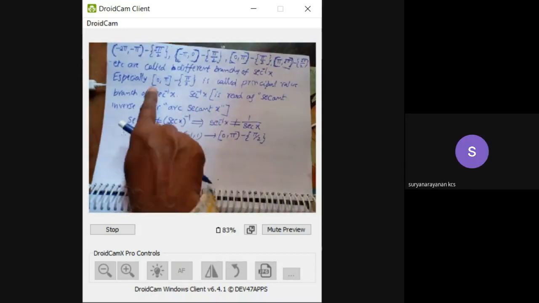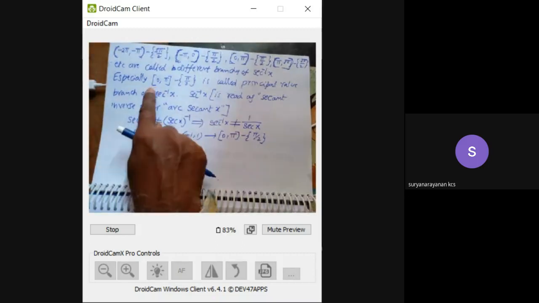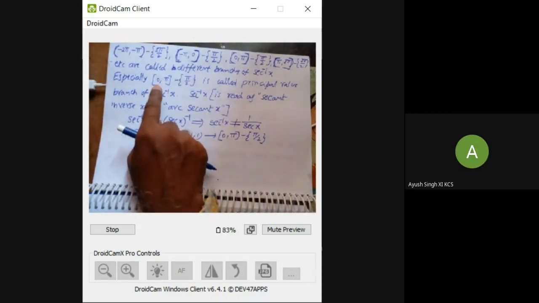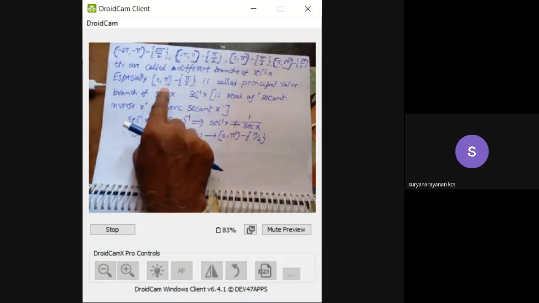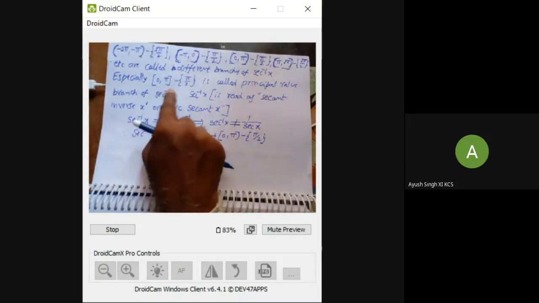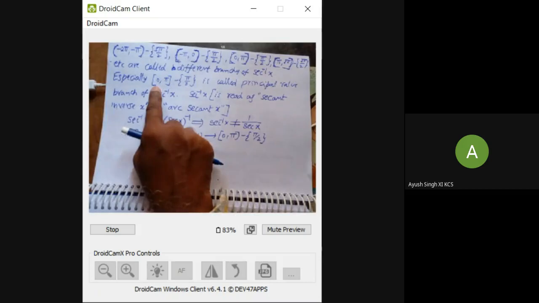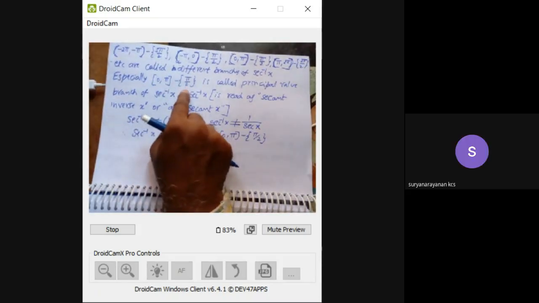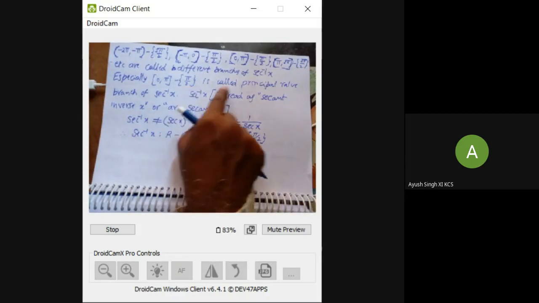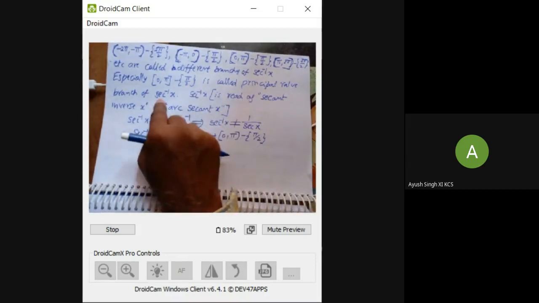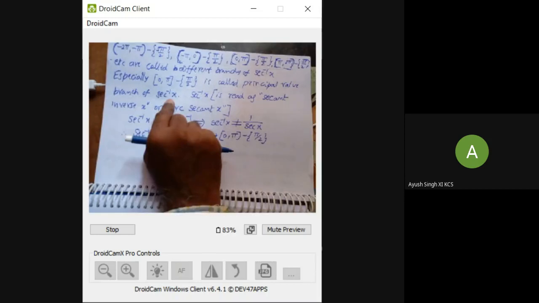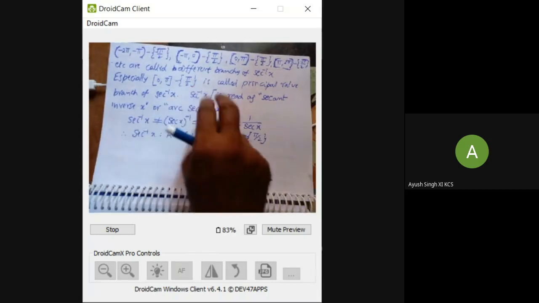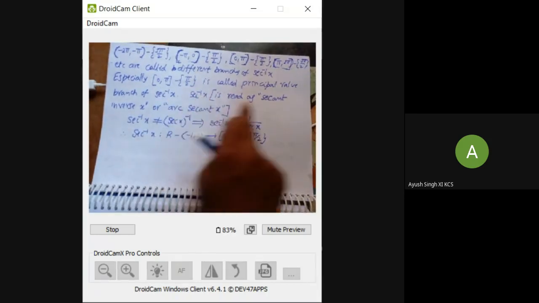Ayush Singh. Yes, sir. Read this sentence. Closed interval 0 comma pi minus singleton set is called principal value branch of secant inverse x. Secant inverse x is read of.